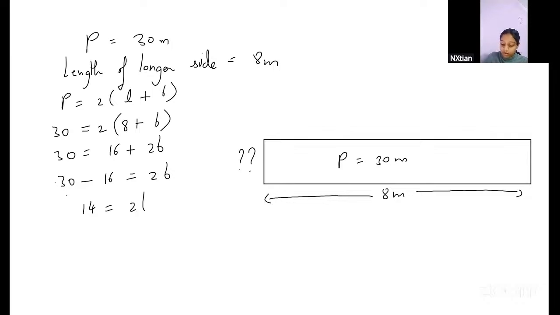Now b equals 14 divided by 2, which gives us b equals 7 meter. So this breadth will be 7.